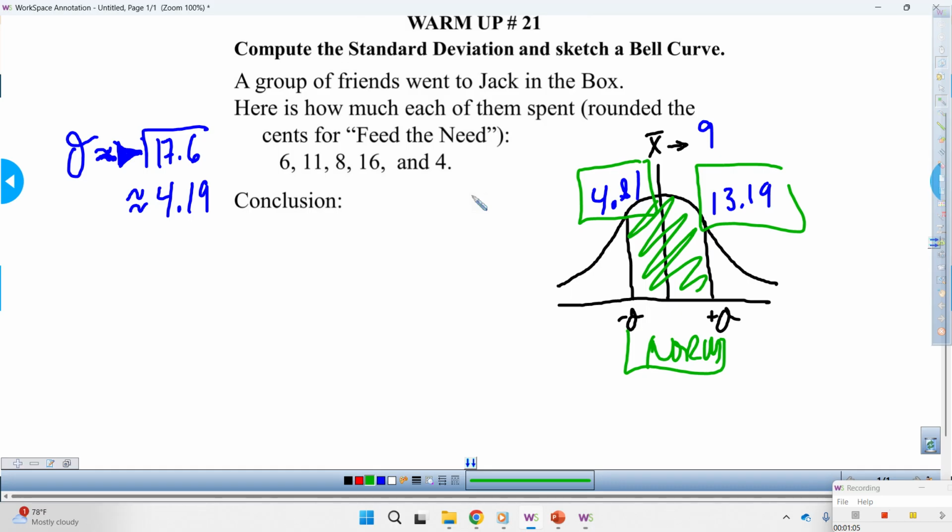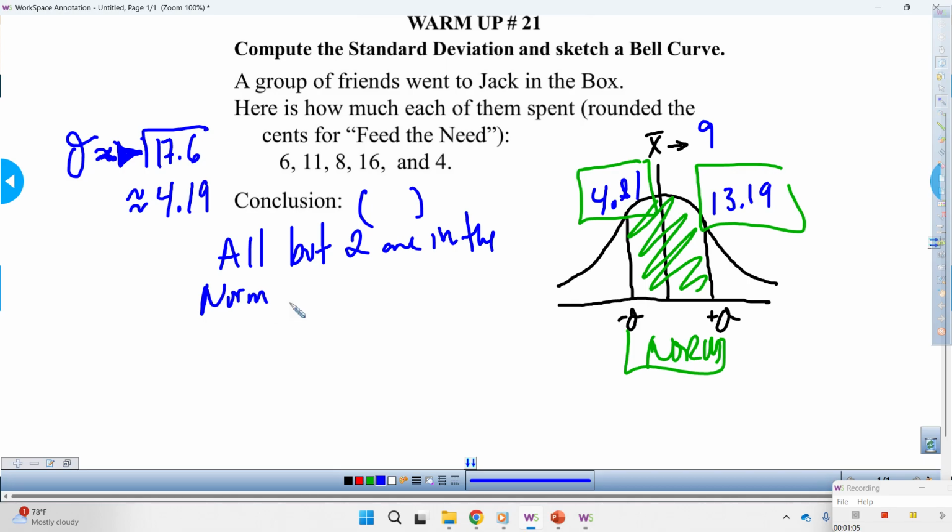All right. Go over here to Thomas. Conclusion. All but 2 are in the norm. In parentheses right there for the 2, tell your neighbor which 2 are not in the norm.